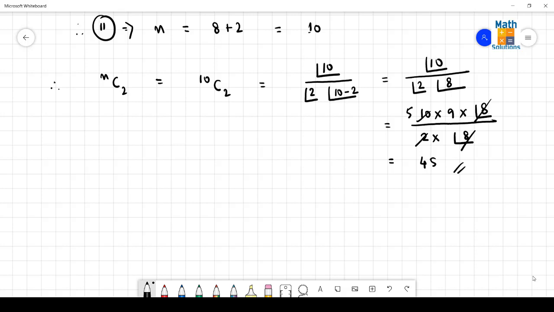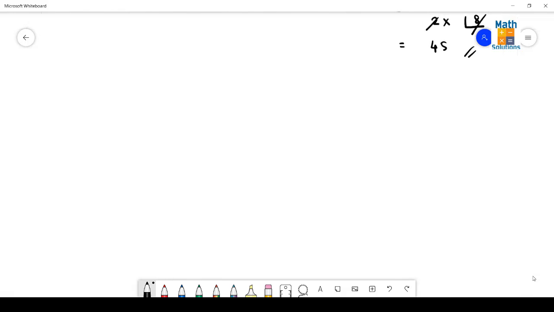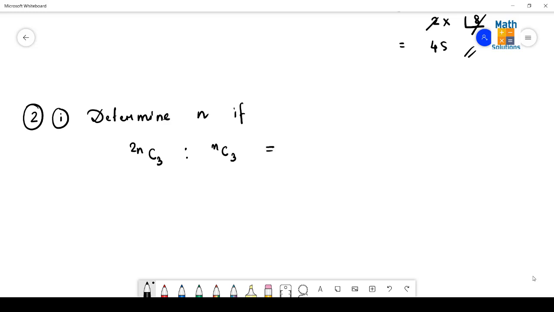Now coming to the next question. First one, determine small letter n if twice nC3 is to nC3 is equal to 12 is to 1.